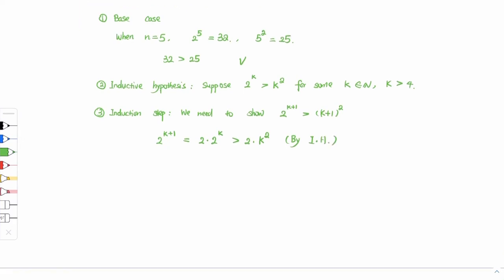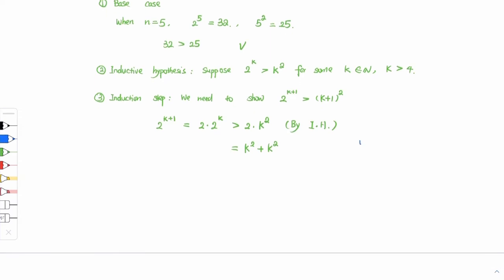Now, this can be written as k squared plus k squared. And I want to show this whole thing is greater than this. So let me make a side note. I want to show k squared plus k squared is greater than k squared plus 2k plus 1.